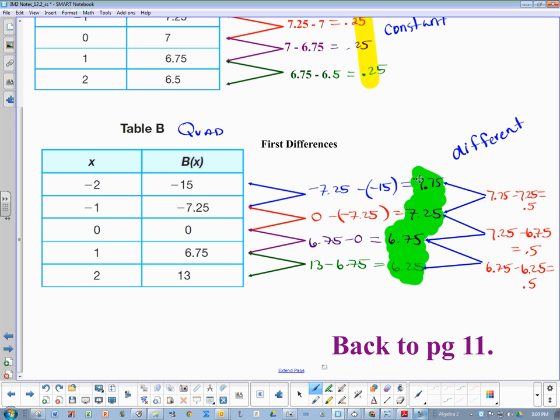Well, if these are your first differences right here, I can only imagine what we can call these. These are going to be our second differences.